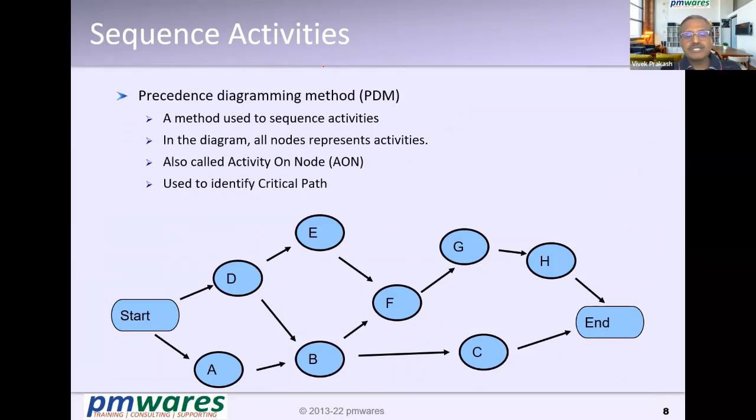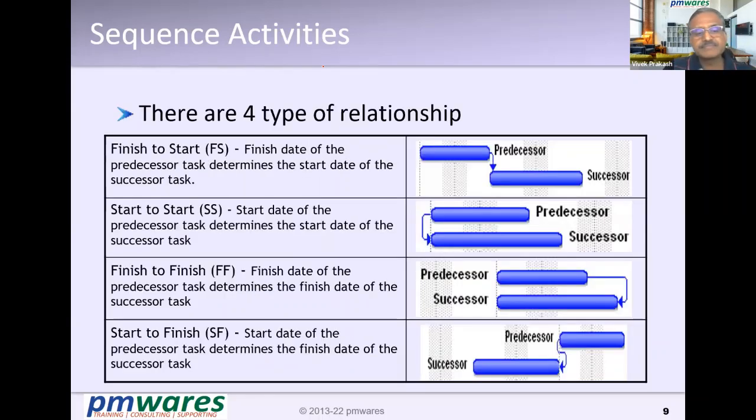Now, how do you reach this network diagram? By establishing relationships. Now, how do you establish relationships? There are overall four types of dependencies, or four types of relationship. The first is called finish to start.